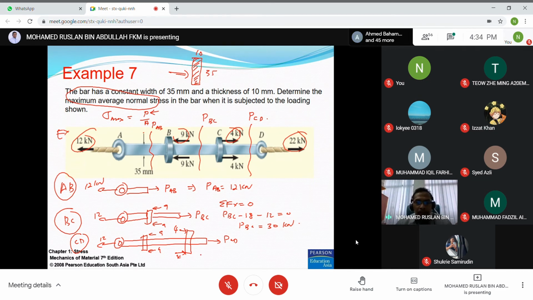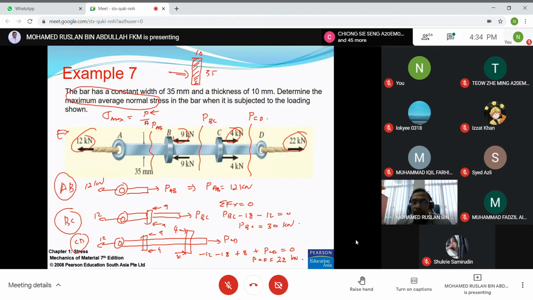We have minus 12, minus 18, plus 8, plus PCD equals 0. So PCD equals how much? Minus 30 plus 8, minus 22. So PCD equals 22 kilonewton.